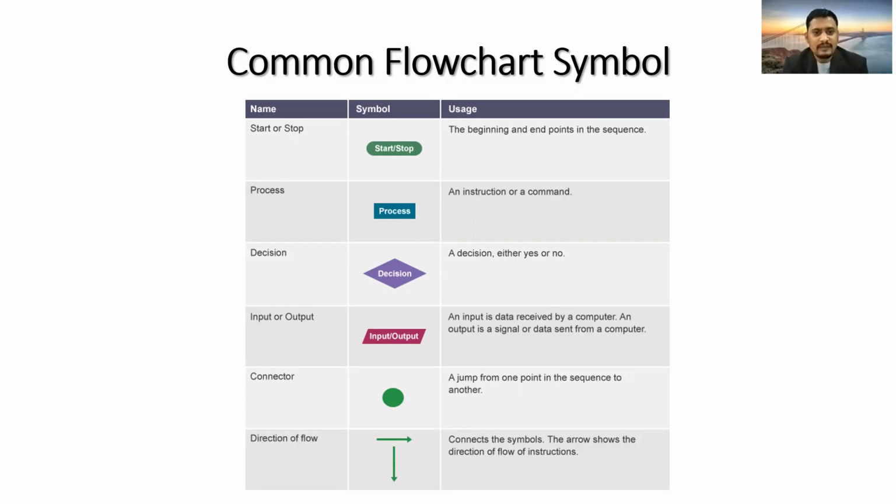And then the rectangle shape shows where processes are taking place. Suppose you want to add something, when the operation works, this process symbol will represent that task or those instructions.